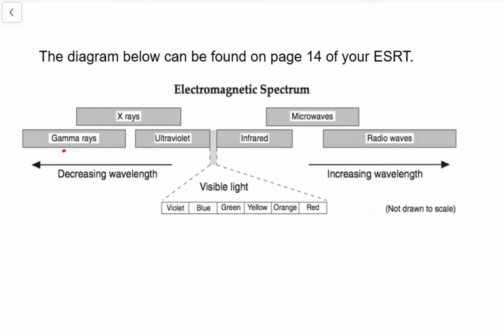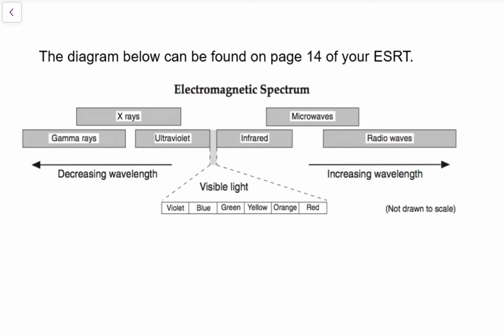We have gamma rays, X-rays, ultraviolet rays, visible light, which is that light that we can see, infrared, microwaves, and radio waves. Now, all of the forms of radiation in this chart are listed as you move across the chart from left to right. They are listed in order of increasing wavelength.